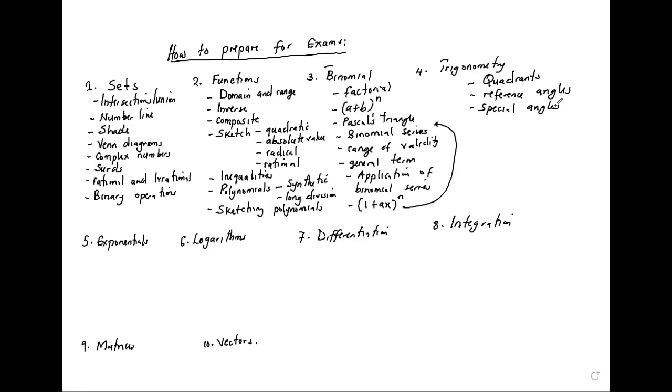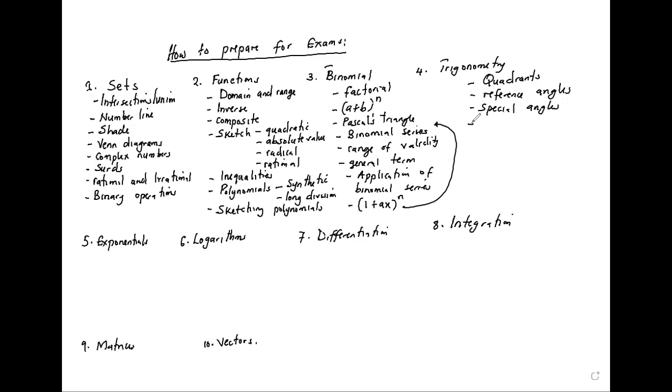So we're talking of 0, 30, 45, 60, 90, 180, 270, and 360. After I've known the special angles, I'll have an easy time to understand the reference angles and to use them. The quadrants, that's an easy deal.